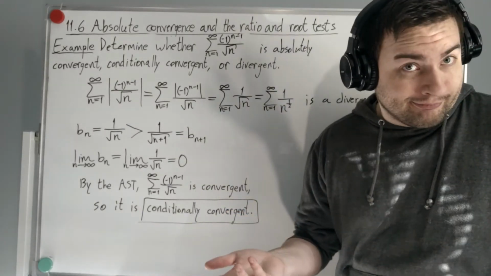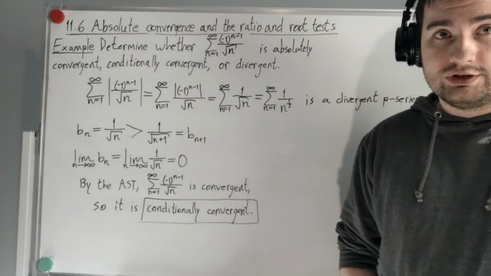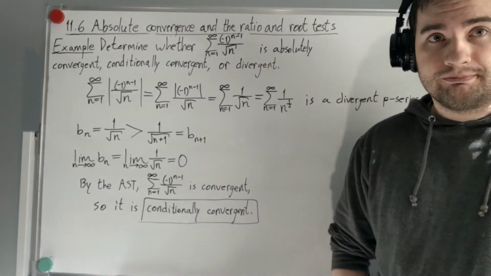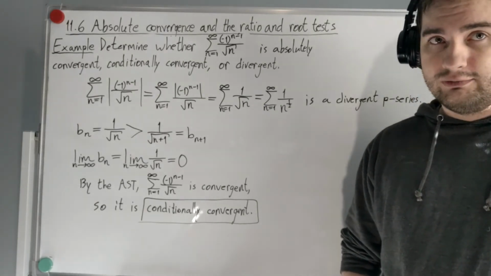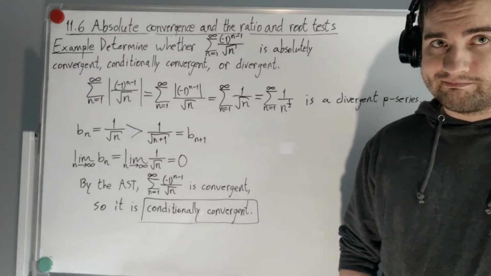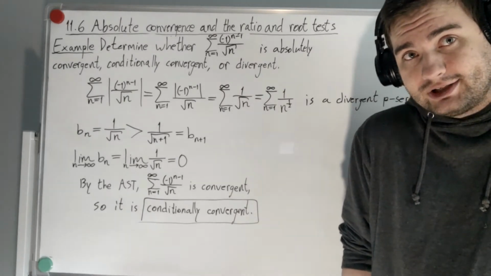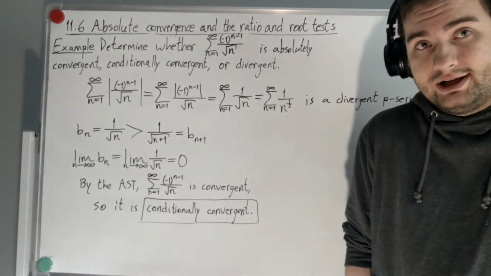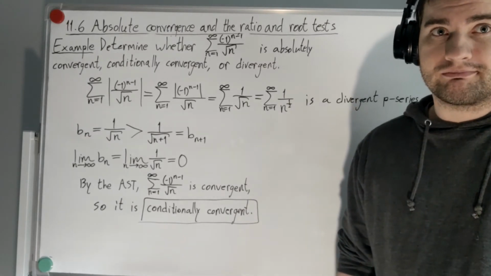You might not. You might get that it's not absolutely convergent, in which case you have to determine whether it's conditionally convergent or not. The easiest way to determine whether an alternating series is conditionally convergent is to do the alternating series test. Of course, that might not apply, in which case it might be divergent, and then you might have to use the test for divergence to show that. Okay.